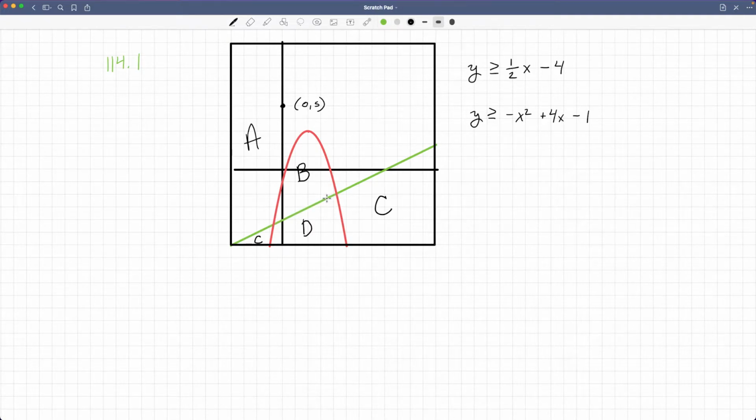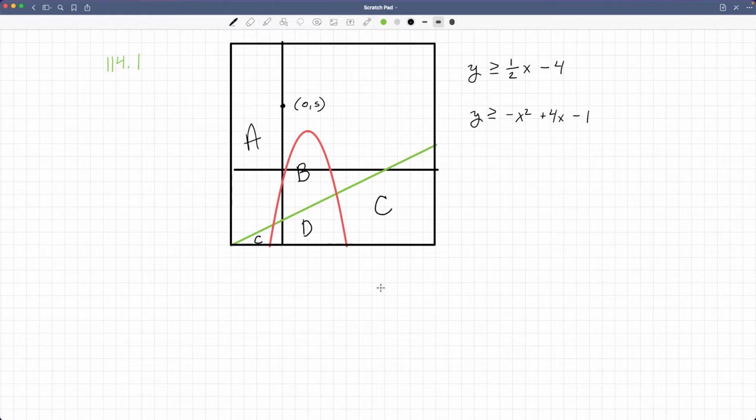It's under the green line and it's on the inside of the parabola. So those are our 4 sections. It's interesting that both of these sections, even though they're separated, will make the same statement true, being on opposite sides of the parabola.